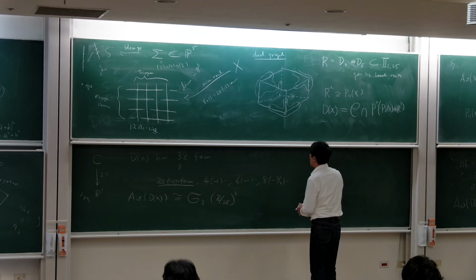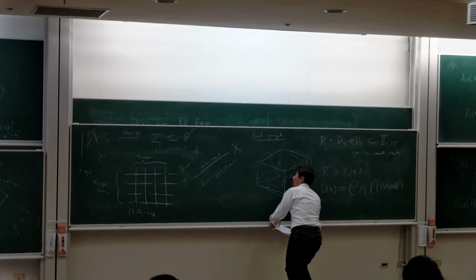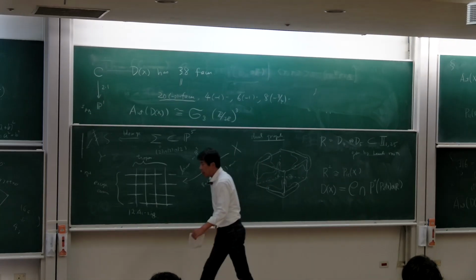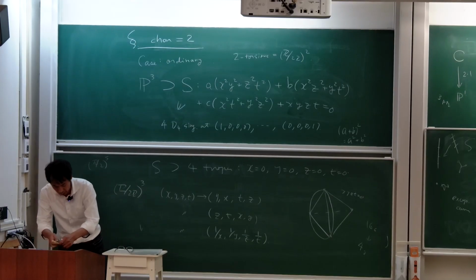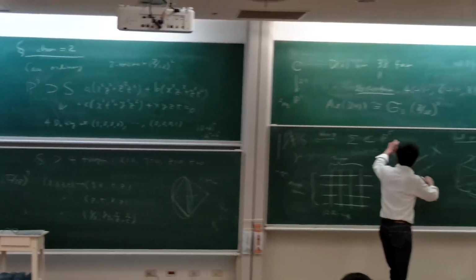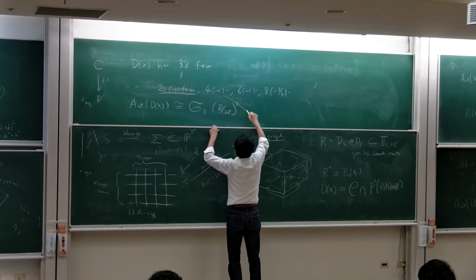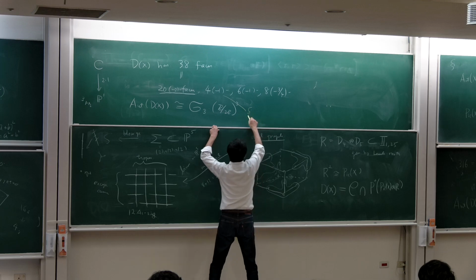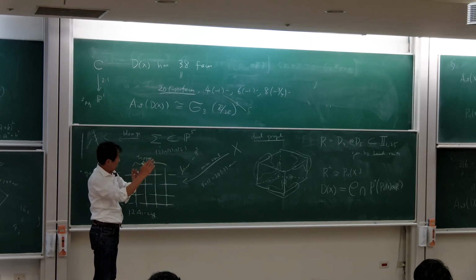But for example, I use this picture. Maybe I use a color. For example, let's take this one. Take a minus one vector, defined by a minus one face.